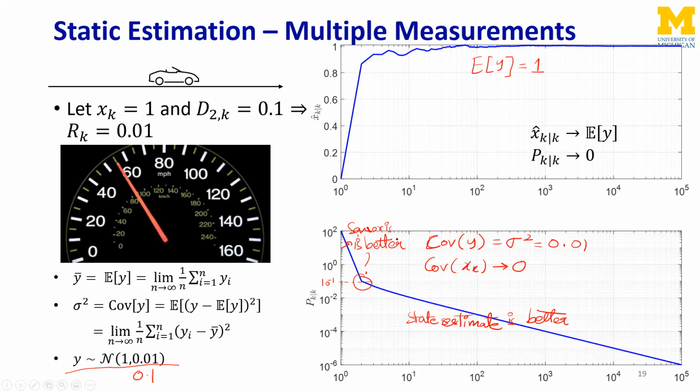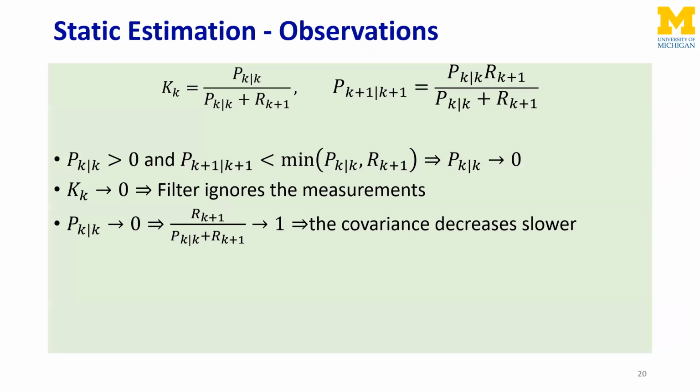Okay, so this is how you can use the Kalman filter to produce a good estimate of a variable using multiple measurements of that variable from a sensor. There are a couple of things that I want to note. We saw those things from the example, but we can see them from these equations also.